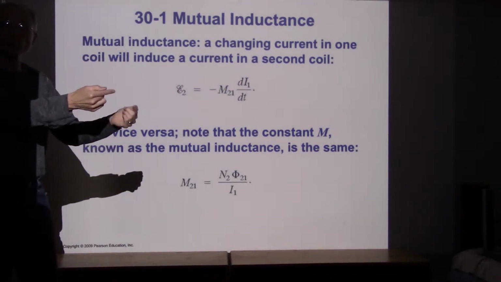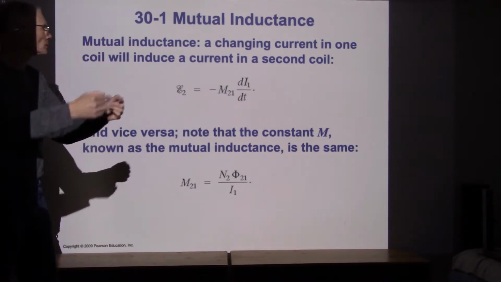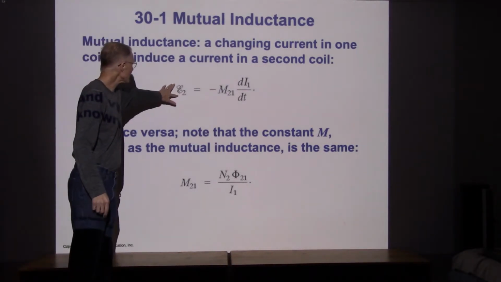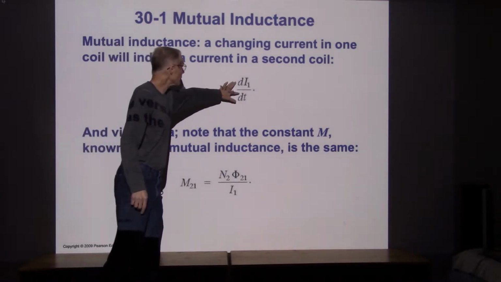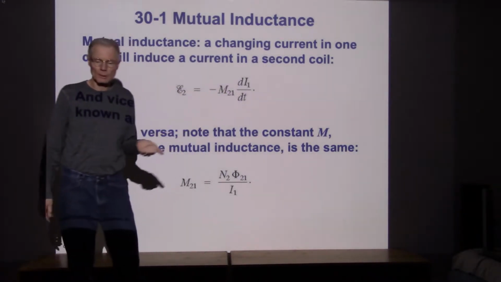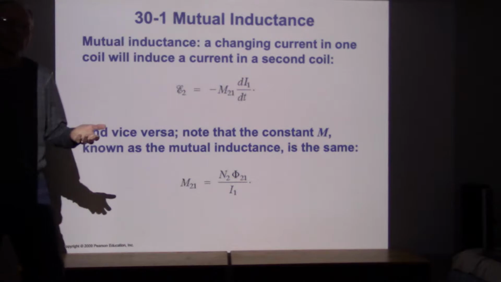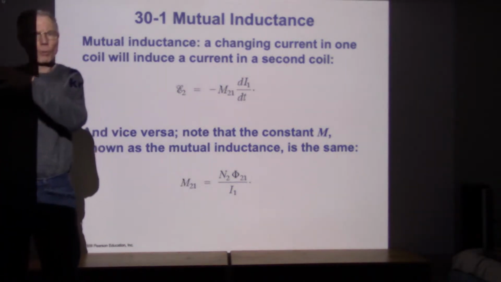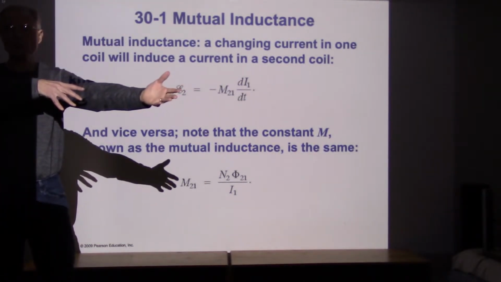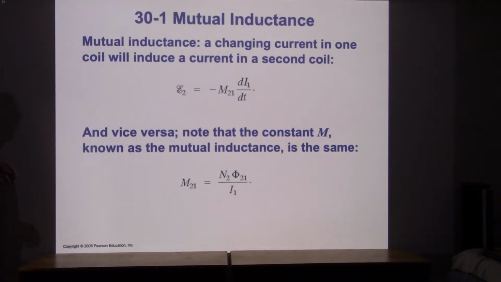So we can induce a second circuit based on variations of current in circuit number 1. And so we call it mutual. It's an effect happening between one circuit and another distinct circuit.